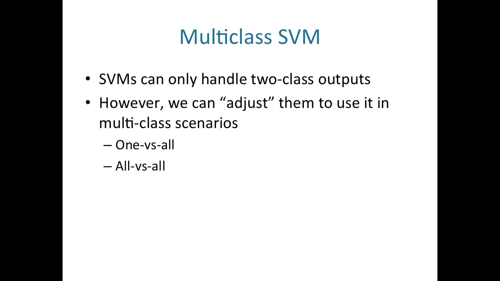Support vector machines can only handle binary classification problems, right? So what happens when we have more than two classes? The way SVMs mathematically work is that they look for hyperplanes that separate two different types of data points. But what happens when we have more than two types?